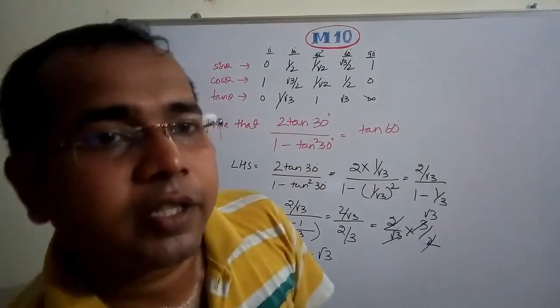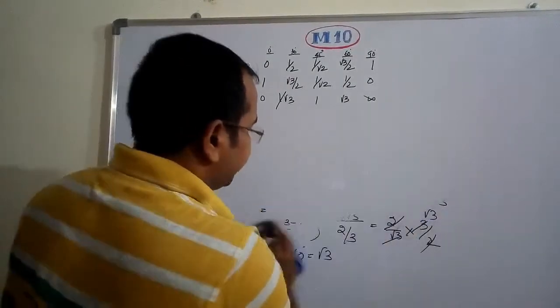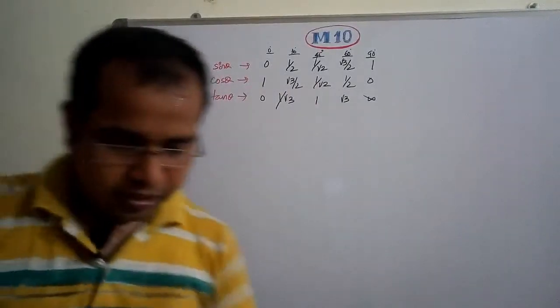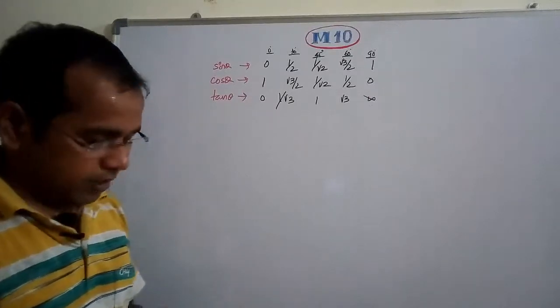Next we are going to solve another type of question here, which usually comes in exams. Okay. So this is one of the most probable questions in the exams. Okay. Now let us solve it.